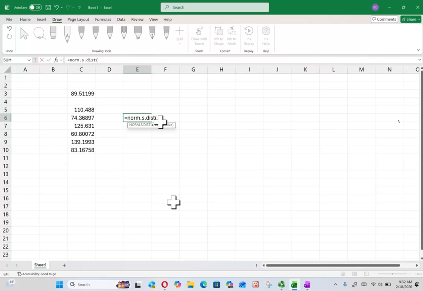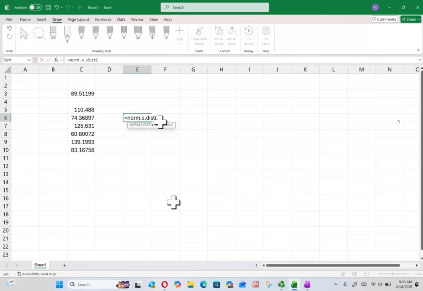So how far is 90 from 100? You get minus 10. It's 10 below the average. I divide it by 20, and I get minus 0.5. So 90 is 1/2 of a standard deviation below the average.